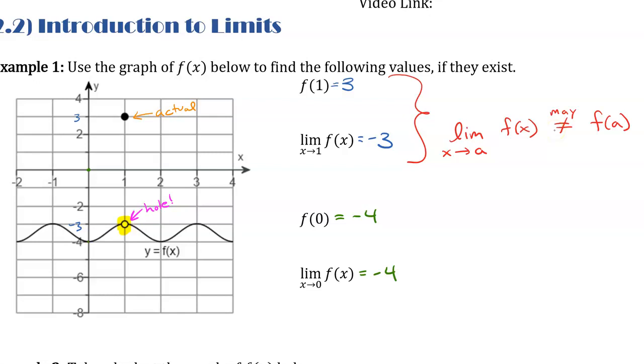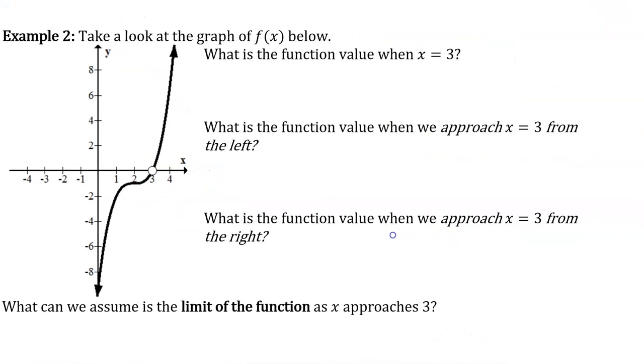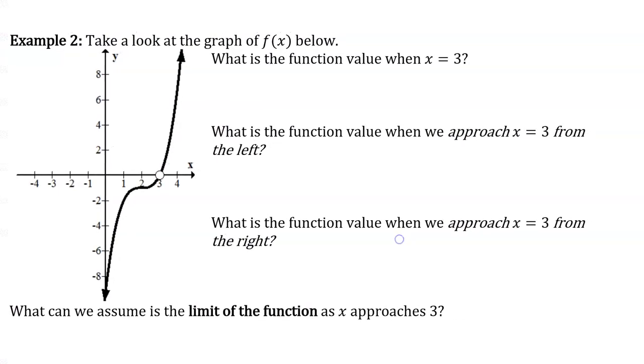Okay, so let's look at our next example here. So the function value, so y, when x equals 3, well, there's a hole there, right? And I'm looking up and I'm looking down and I don't see a solid dot.